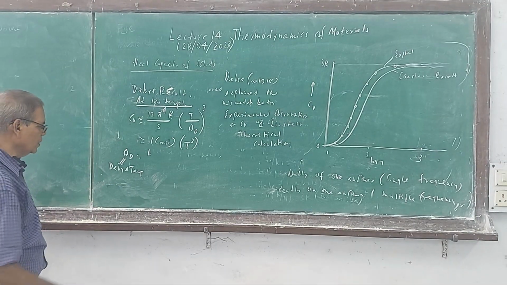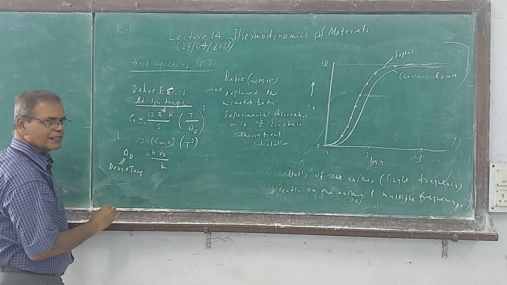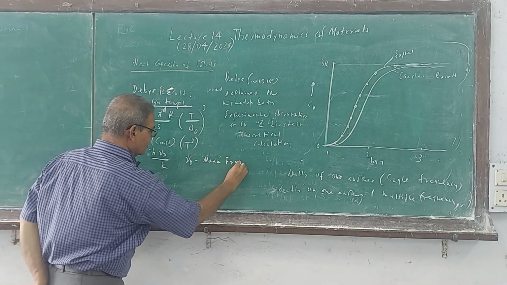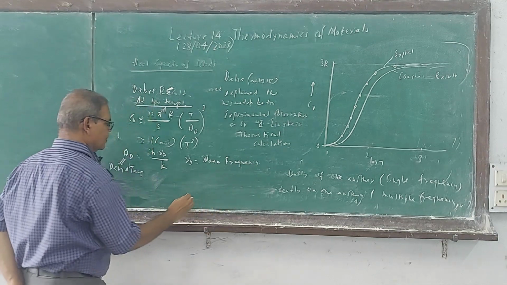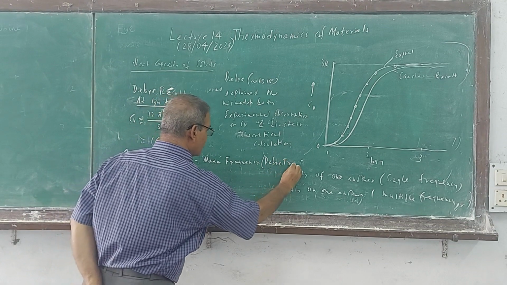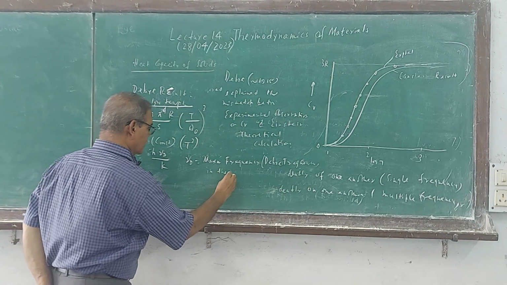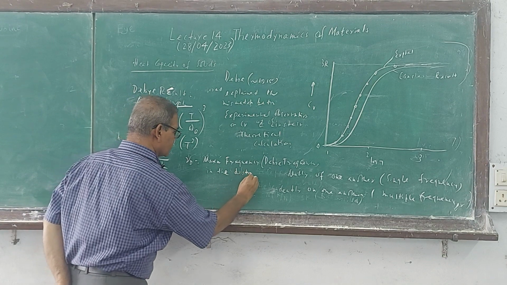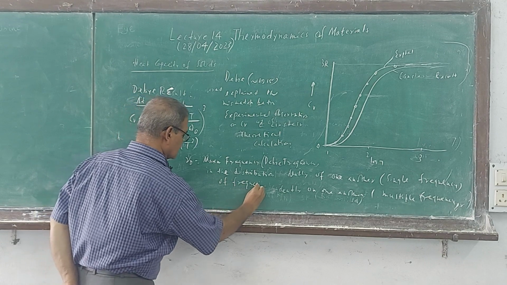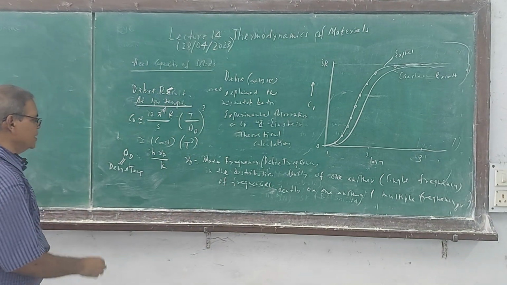Very good. Theta D is h nu D by k. What is nu D? It is the maximum frequency in the distribution of frequencies, the Debye frequency. So theta D is h nu D by k.